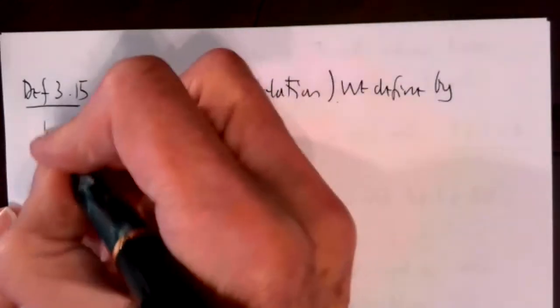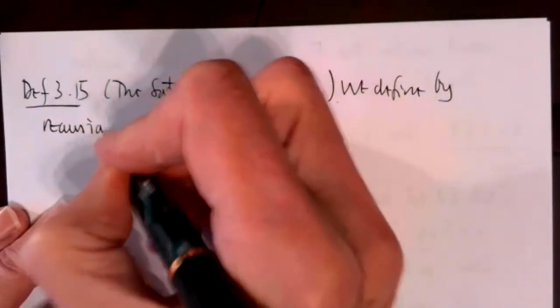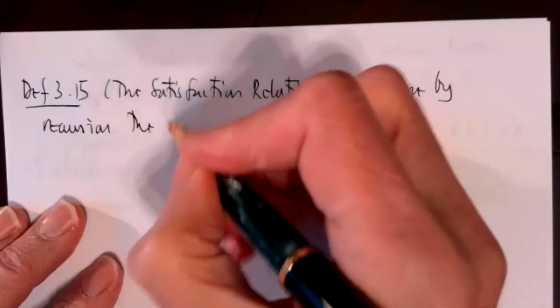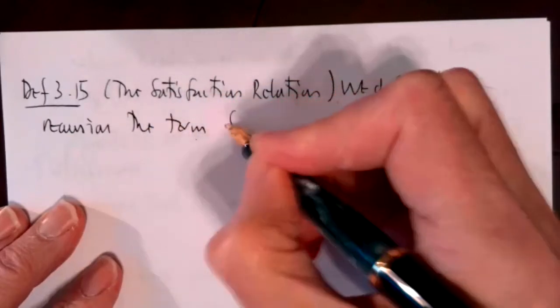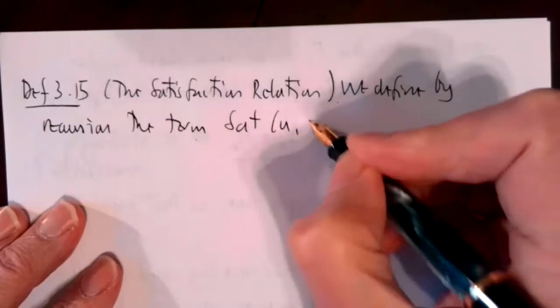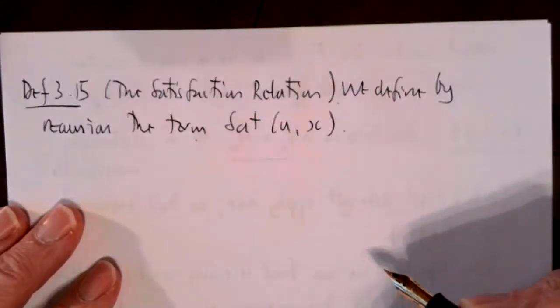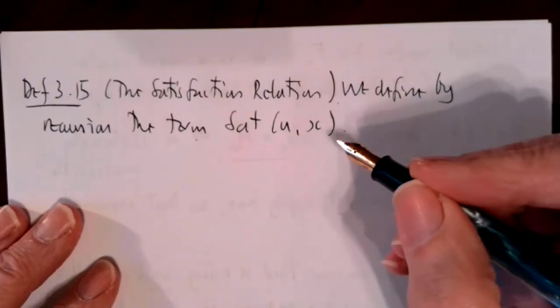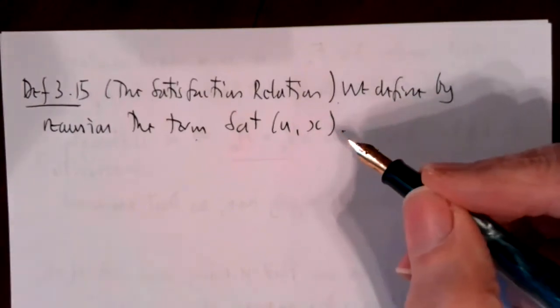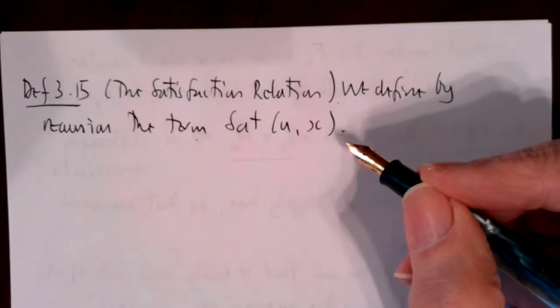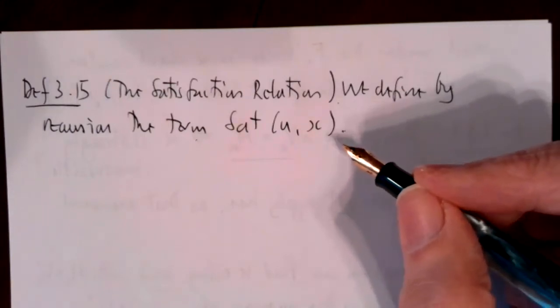And so we define by recursion the term sat of ux. And it will be a definite term. One could think of it as a function.